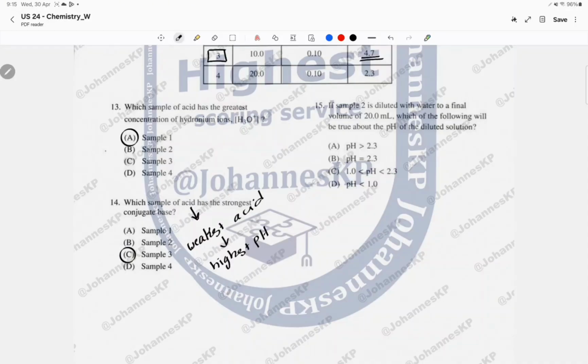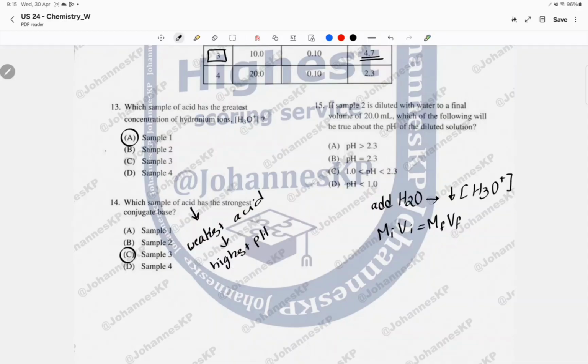15. If sample 2 is diluted with water to a final volume of 20, what's going to happen to the pH? Well, look, if you were to add water, that means that you will reduce the hydronium ion concentration. And how would I know that? Because M initial V initial is equal to M final V final.